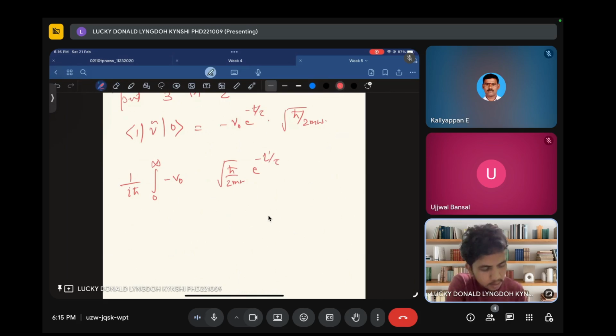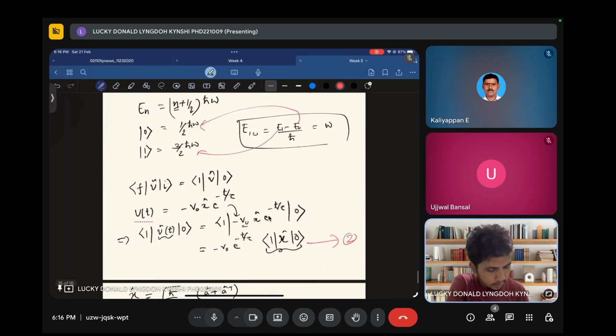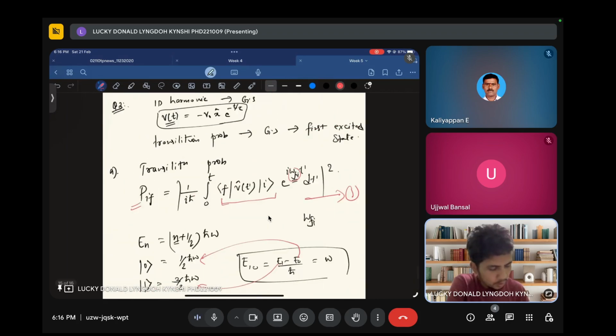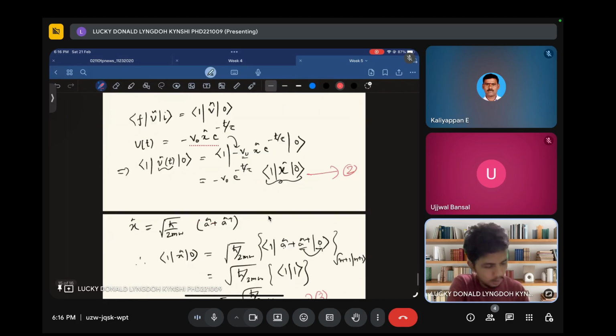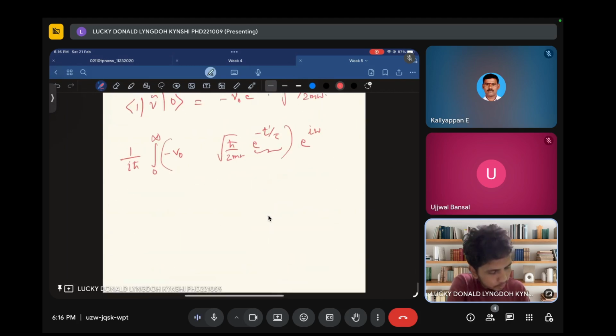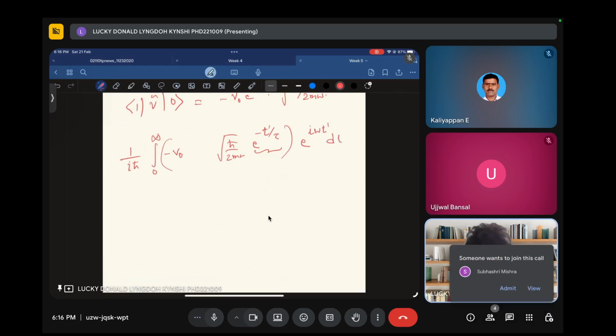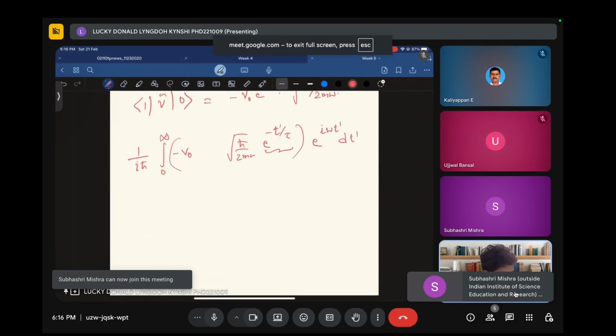Because your integration is with respect to t, so you have to make sure that you are integrating according to this term. And then e to the power of iωt prime, because instead of ω_fi you already know it is ω, dt prime.